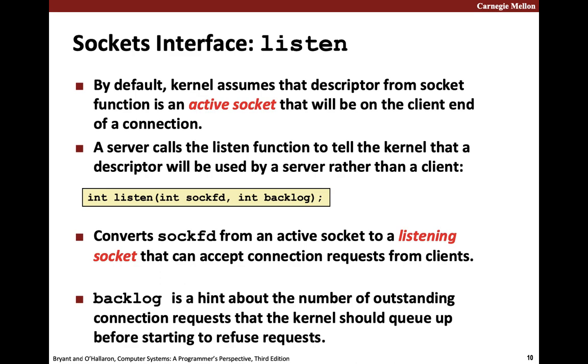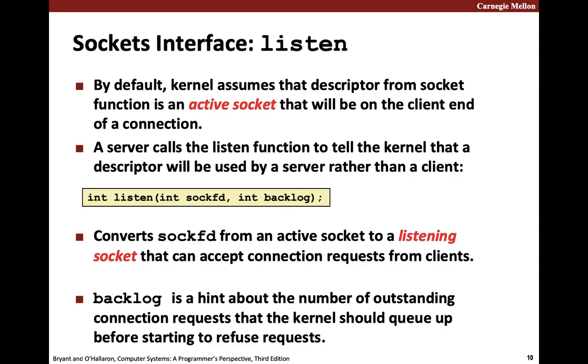So think of a busy web server that's getting requests all day long. If for some reason you get a request and your user code is not able to handle that request in a timely fashion, the kernel will say, okay, well, we'll keep up to this many requests in a backlog.